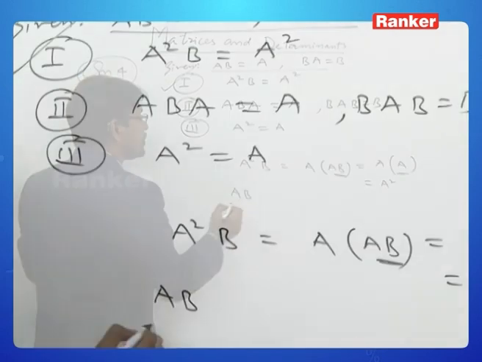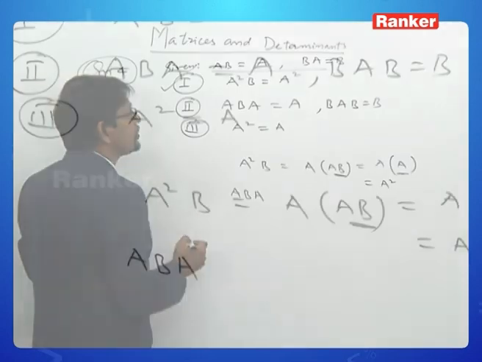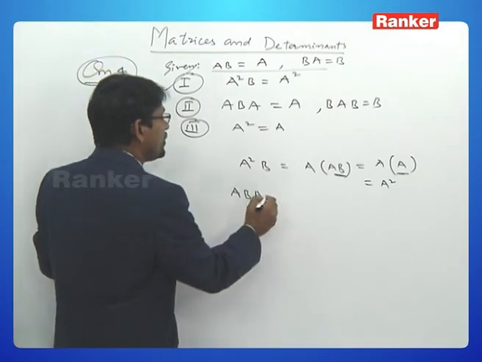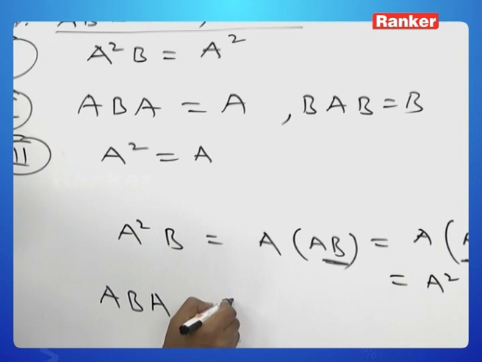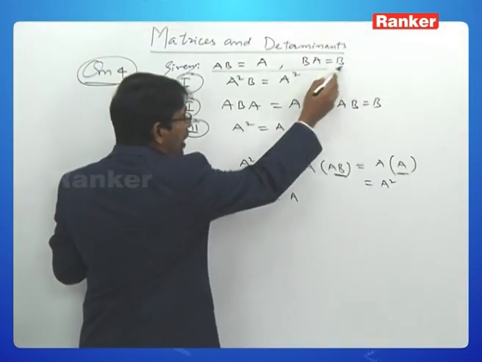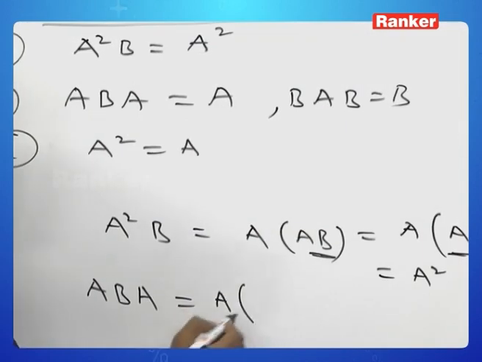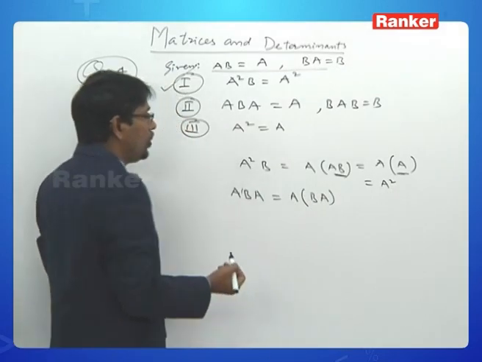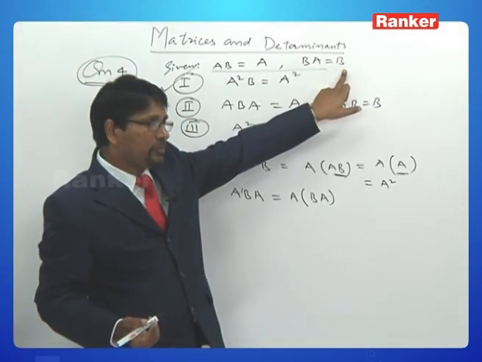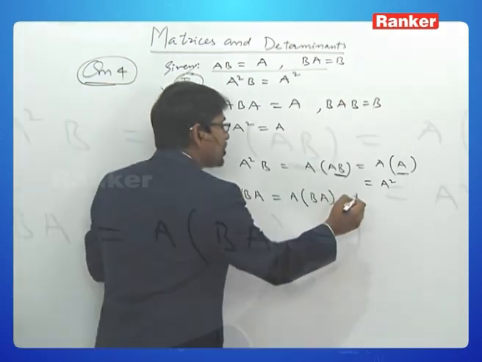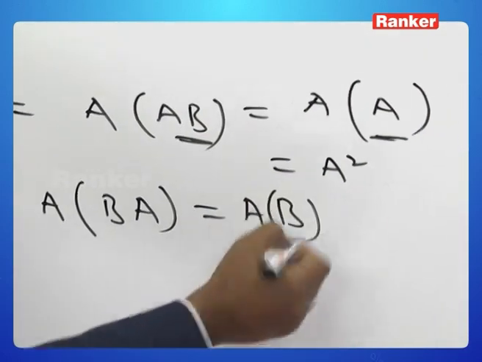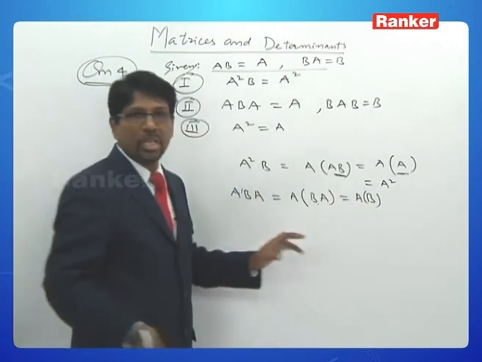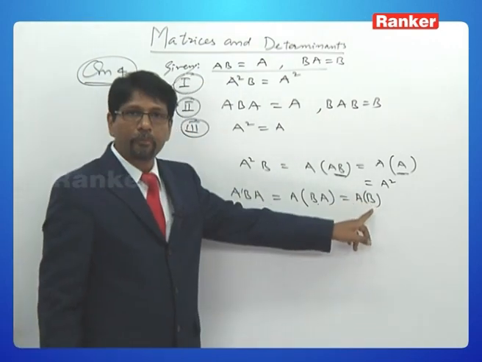Now let's move on to this. ABA. Let's consider ABA. What is ABA? A into BA, we will club this B and A. So BA. What is BA given to be? B. So let's substitute B in place of BA there.